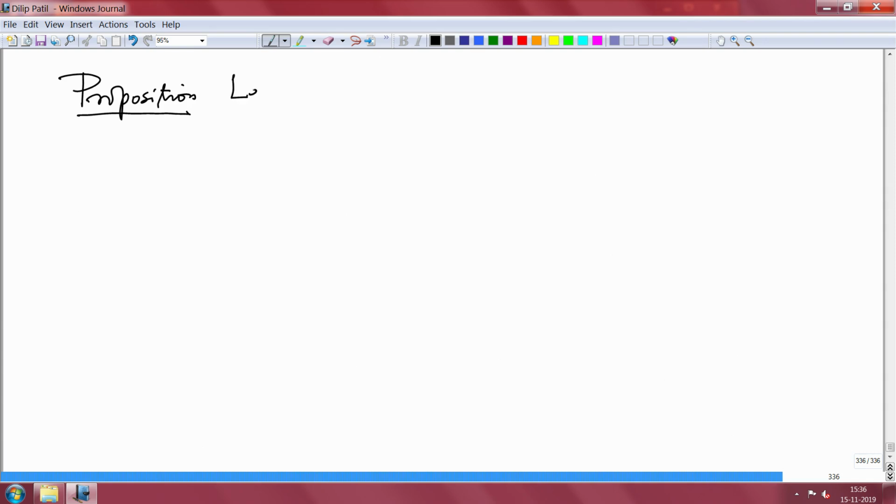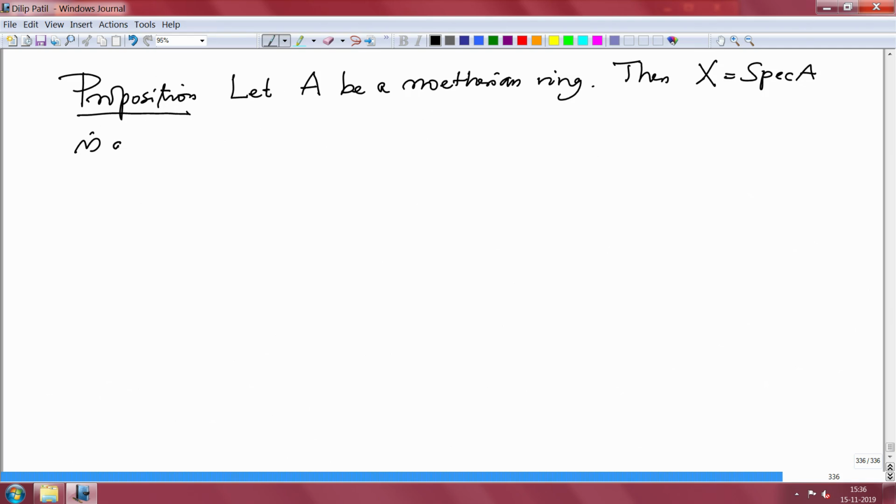So let A be a Noetherian ring. Then X equal to Spec A is a Noetherian topological space.